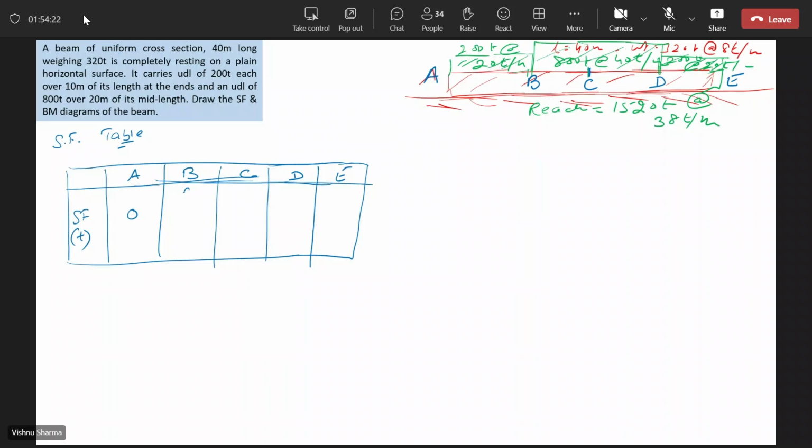We carry forward 0. What are the changes from A to B? One is the UDL of 200, that is minus 200. Other is the weight of the beam over 20 meters, that means minus 20 into 8, that is minus 160. And plus the reaction over 20 meters, that means plus 38 into 20.